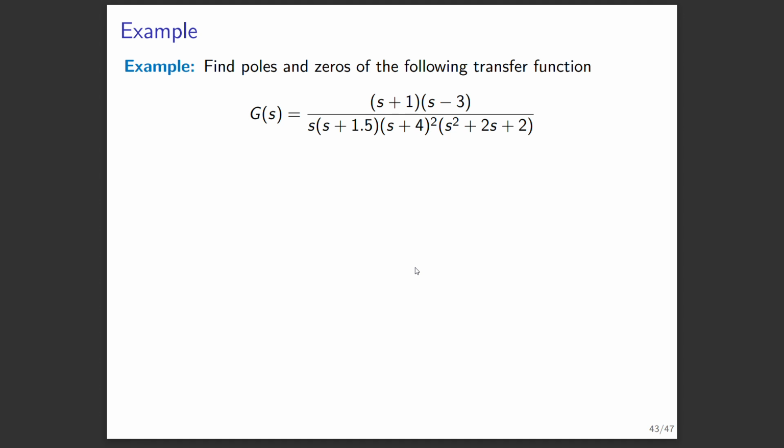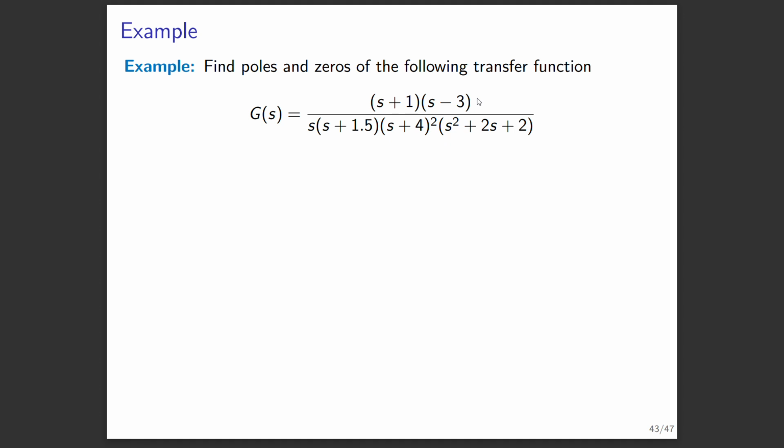So look at this transfer function. What is the characteristic equation? Well, the polynomial in the denominator is the characteristic equation. What are the zeros of the system?